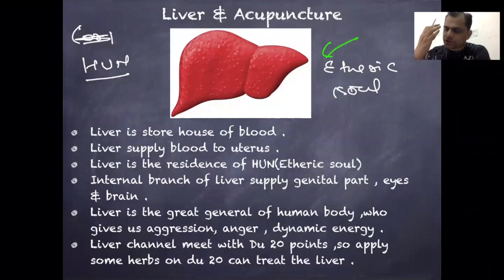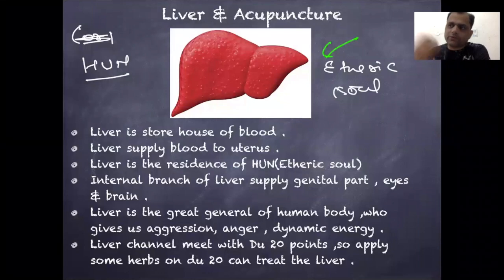Just remember, when we were in the mother's womb, we were taking all the nutrition from the umbilical cord. We were taking all the blood from the mother, from the umbilical cord. Our lungs were not working at that time.